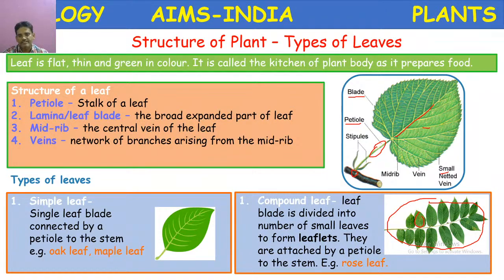These leaflets are attached to the petiole, to the stem. So this kind of leaf is called a compound leaf. Can you name some examples? I told you the curry leaf plant. The best example you can say? Yes, neem. Neem is also a compound leaf. Okay, so many are there. You keep observing the surroundings.